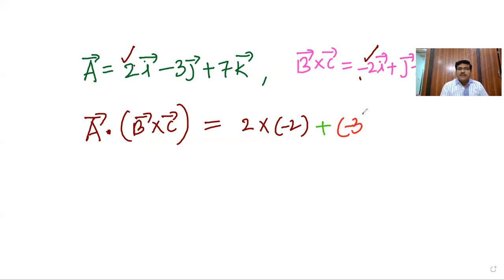So -3 into J's coefficient here is how much? 1, 1, 1 plus K coefficient is how much? 7 into K coefficient here is how much? 1. Simplify this.